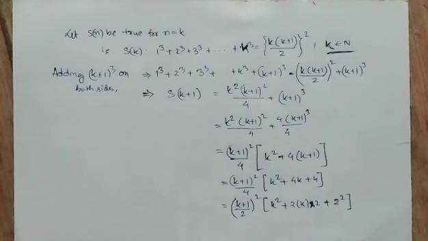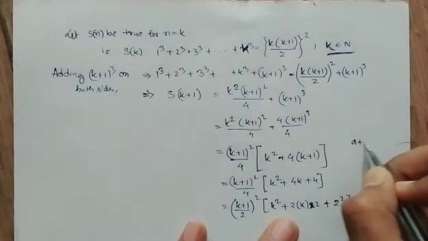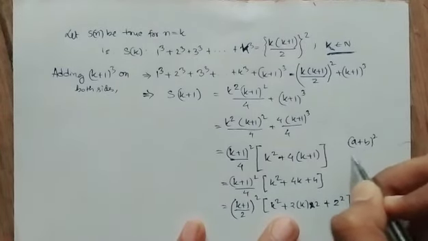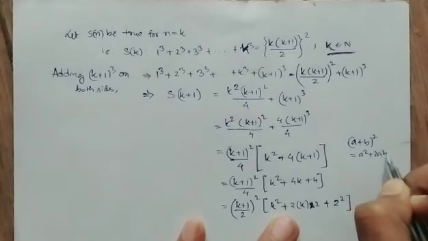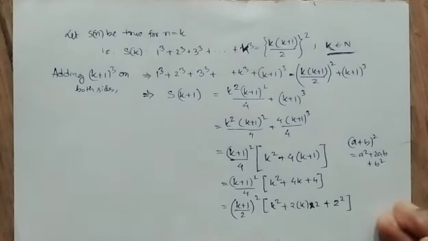If you notice, this is nothing but the (a+b) whole square formula, a square plus 2ab plus b square. So it falls under the (a+b) whole square formula. It is k square plus 2ab, a into b.